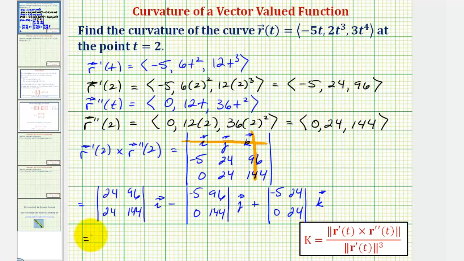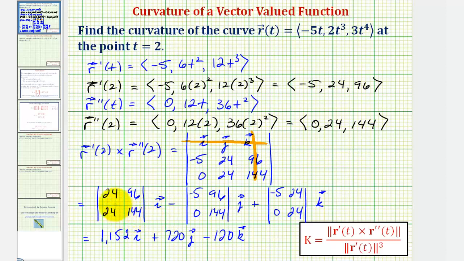So simplifying here, I'll go ahead and let you check this. We'd have 1,152 times vector i plus 720 times vector j, and then minus 120 times vector k.